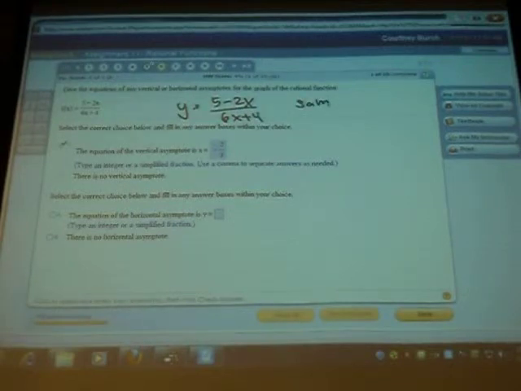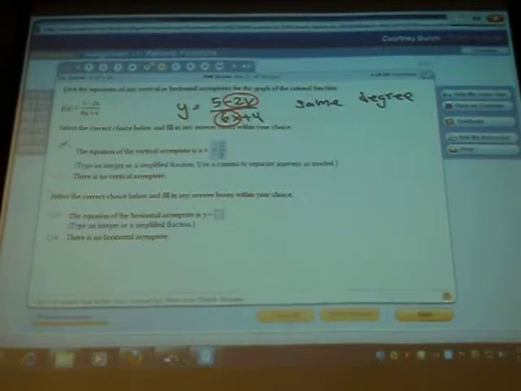So they have the same degree. To find the leading coefficient, what I need to do is look at those terms that have the highest power of x. So on the top, I'm looking at the minus 2x. Basically, you're looking at your coefficients of those x's. So the leading coefficient on top would be -2.